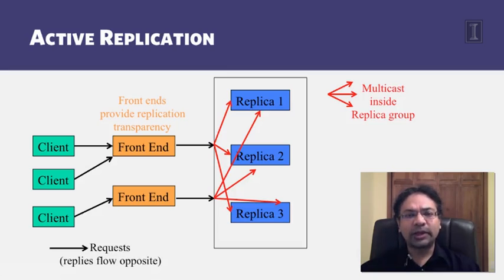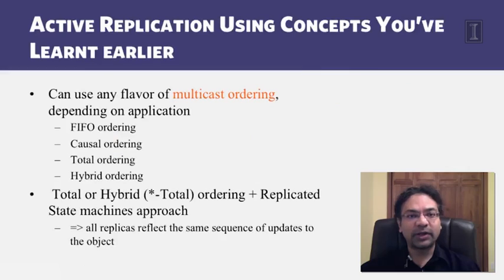Now, as you know, multicasts come in different flavors, especially ordering flavors. So you can use any flavor of multicast ordering depending on the application. And as you've seen earlier in the course, the flavors of ordering available to you are FIFO ordering, causal ordering, total ordering, or even hybrid ordering among these three.